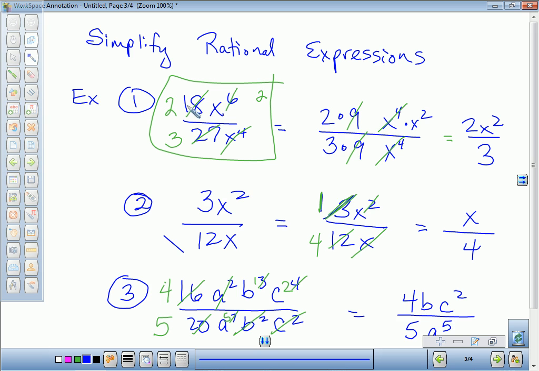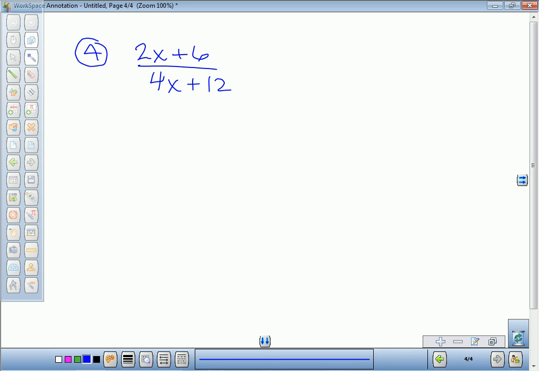All of these had only multiplication in the numerator, only multiplication in the denominator, and over. There was no addition, there was no subtraction. So we could almost get slash happy. We can cancel whatever we want. It is all multiplication. But this one's different.